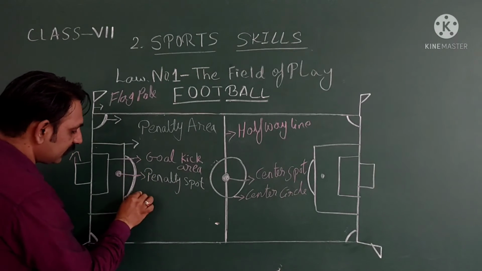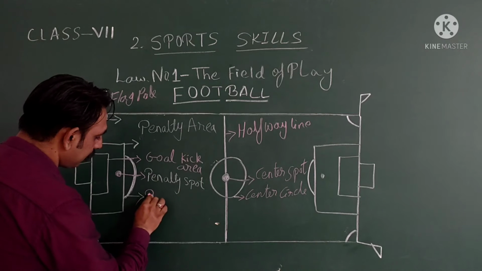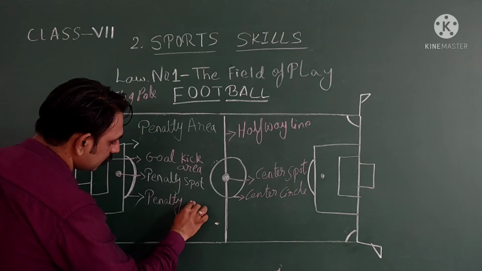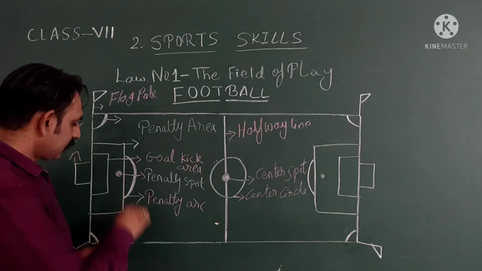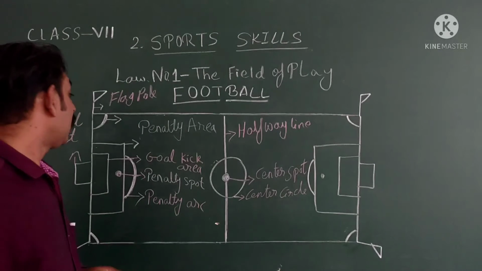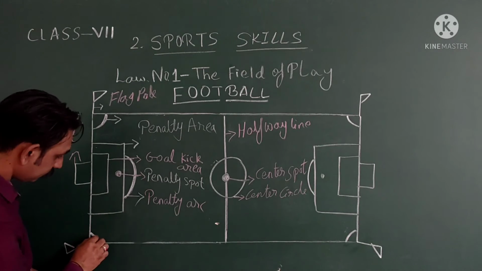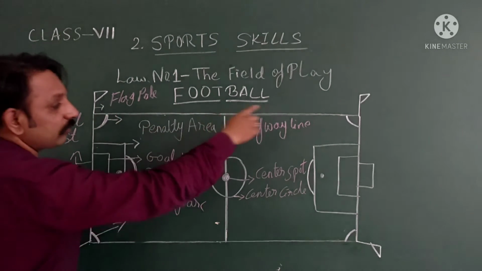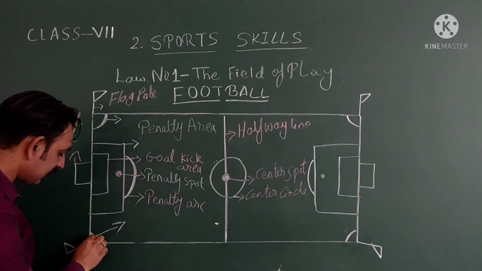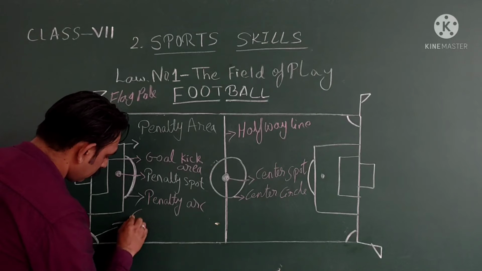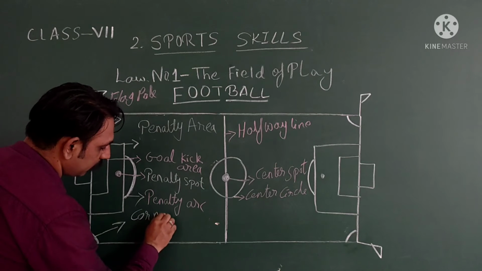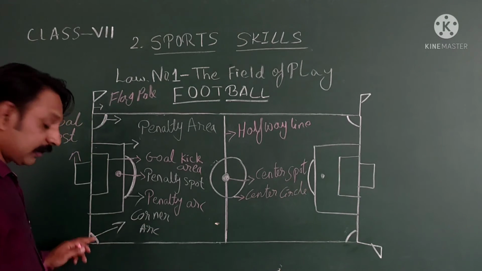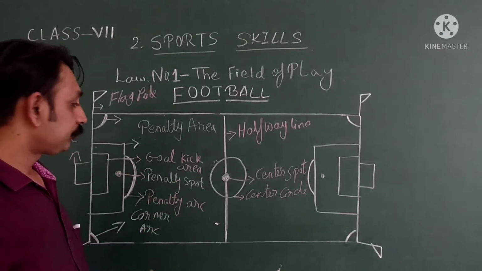This half semicircle is the penalty arc. Now here you see there are four arcs at all the corners. This arc is known as the corner arc.